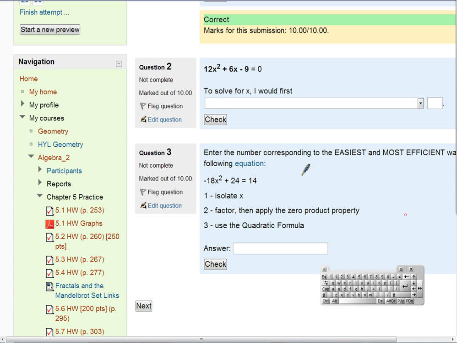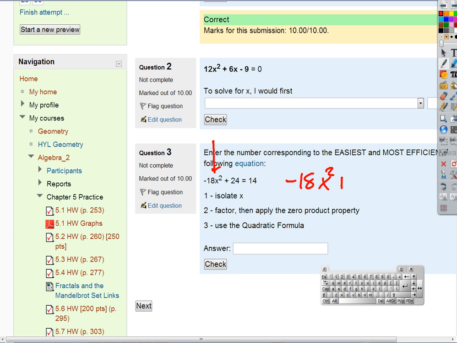I would end up with negative 18x squared. Oh, hang on. No, that's plus. There's no x there, is there? Whoops. There's no x. All I have is a single x, right? What do I do always if there's a single x? Isolate. Isolate x. I put a 1 in there, right? Make sense? Okay, there's one more I'll just show you real quick, and then we'll get out of here.